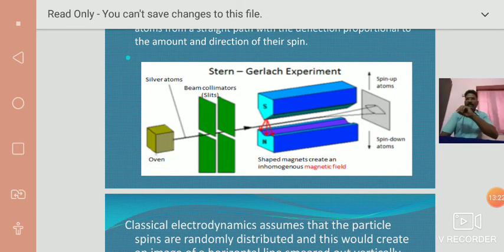The silver atomic beam then enters between the south and north poles. Here, there may be a little change. Actually, the north pole is very sharply grooved. Therefore, here the magnetic field is highly concentrated.